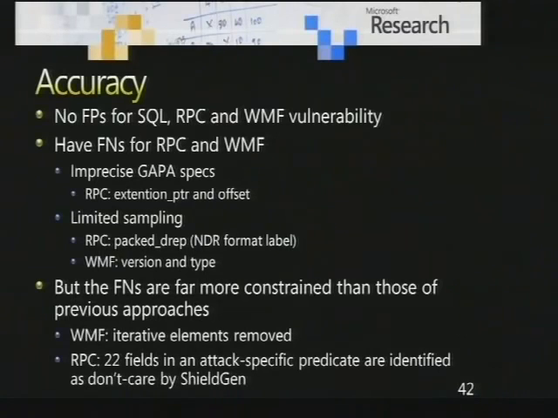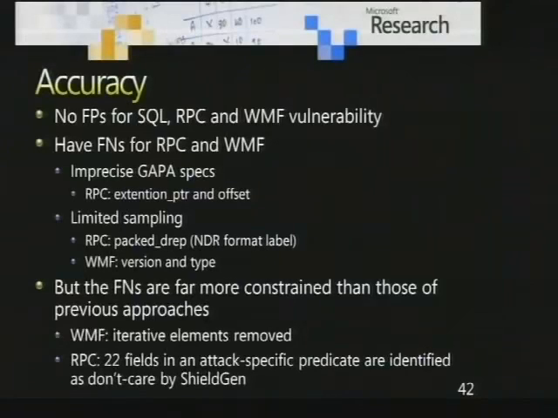However, without Shieldgen, you can construct an arbitrary WMF file that will exploit the vulnerability. You can have a 10,000 byte file or a 1,000 byte file. At the end, we find our signature says you need at least 112, 118 bytes that will exploit the input.